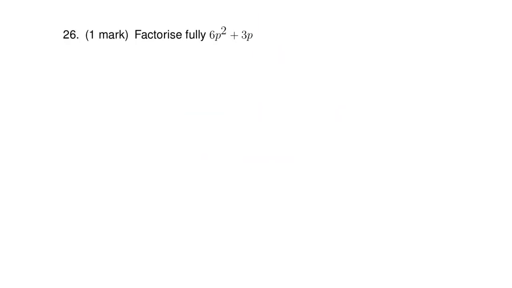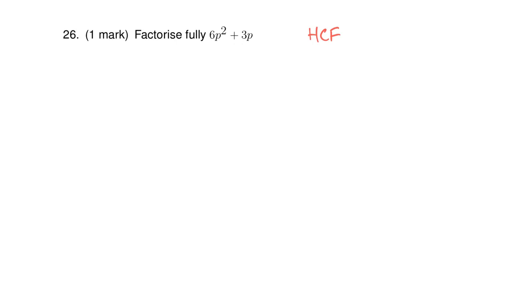All right, fully factorize this. Now, I'm looking for the highest common factor. So something that fits into both 6p squared and 3p, and the highest thing that will fit into both. Probably a way to think about this if you're not sure is maybe just write these out in an expanded form.